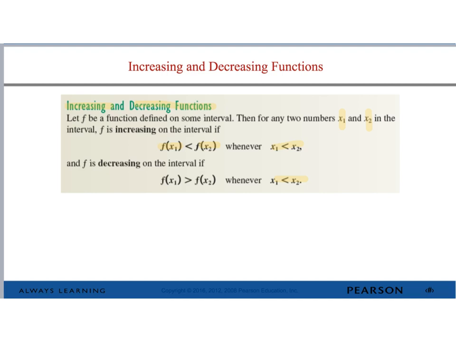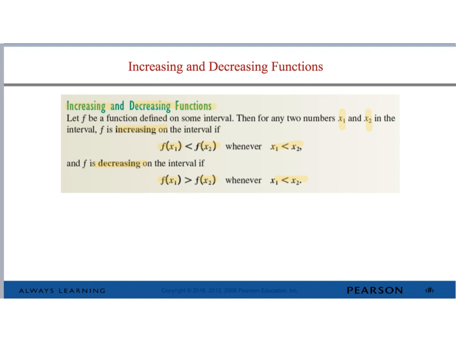And the function is said to be decreasing as long as x sub 1 is smaller than x sub 2 and the value of the function at x sub 1 is higher than the value at f of x sub 2.